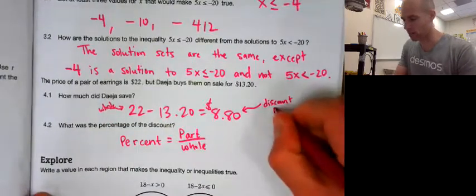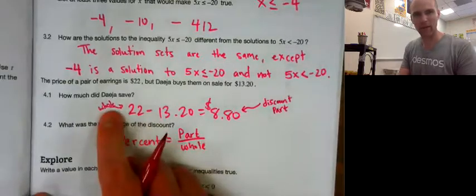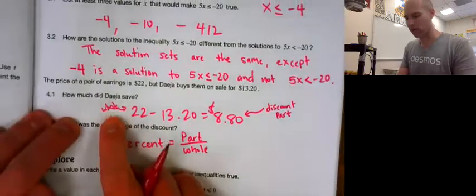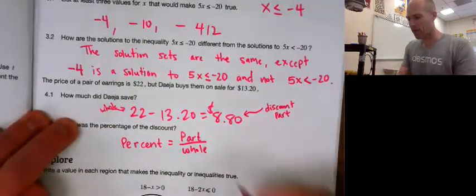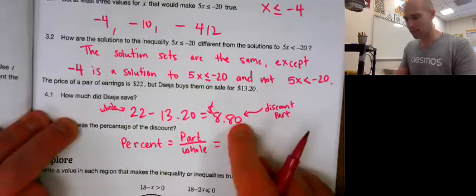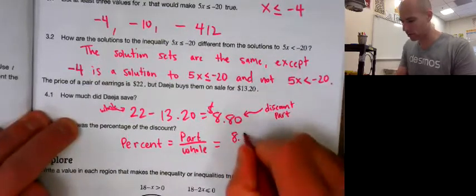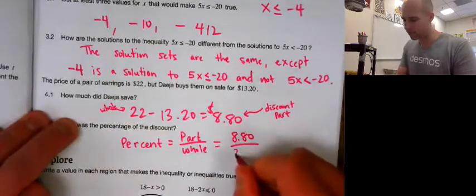So the discount is like a part of the price. And the original price, ooh, my handwriting got weird there because the paper's all curled up. But the original price is like your whole. That's the whole thing that you started with. And so if you want this as a percent, you just take this part that got discounted off and divide it by the whole amount that you started with.